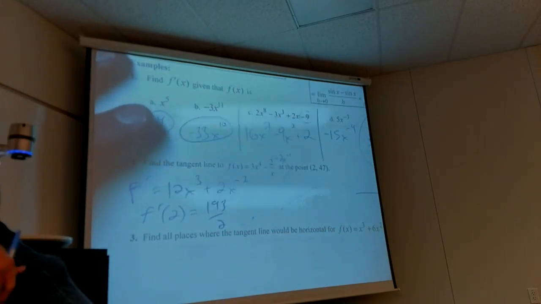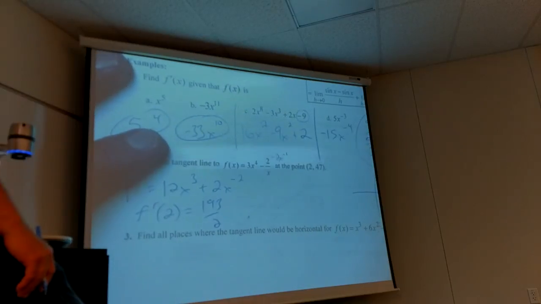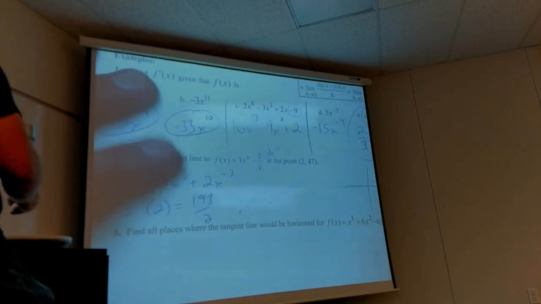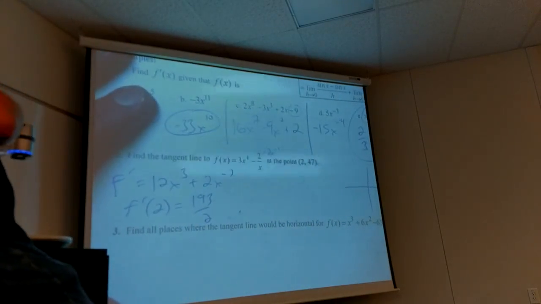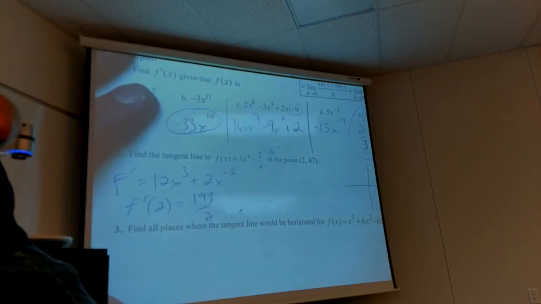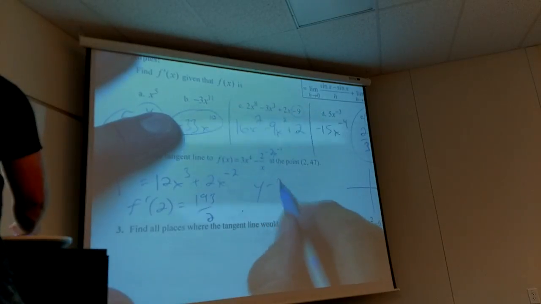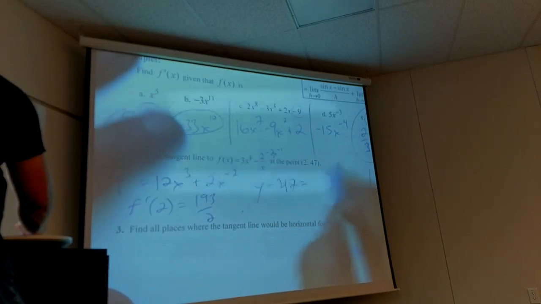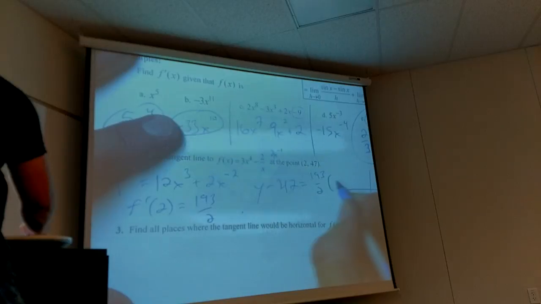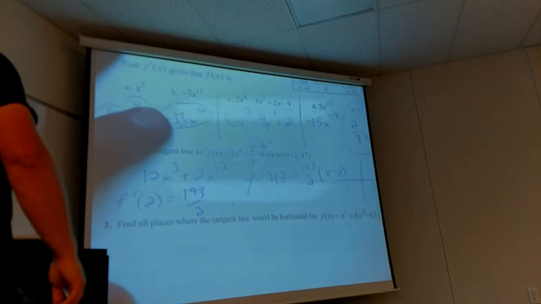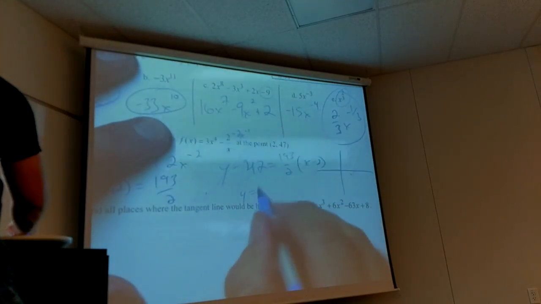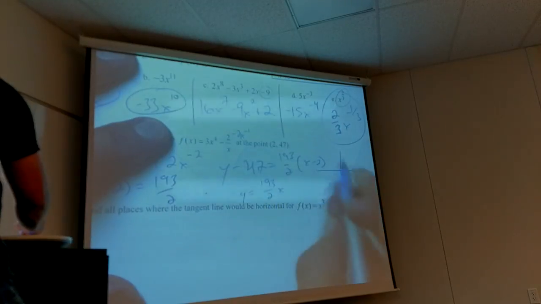Nothing wrong with that. That's beautiful. And then, is that right? So then you get y minus 47 equals m times x minus 2. So your y equals 193 over 2x.